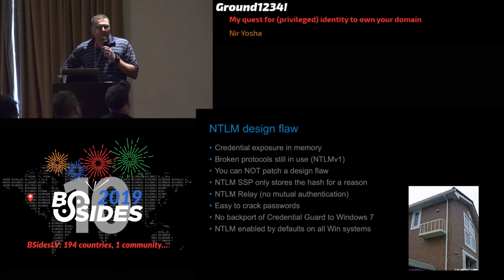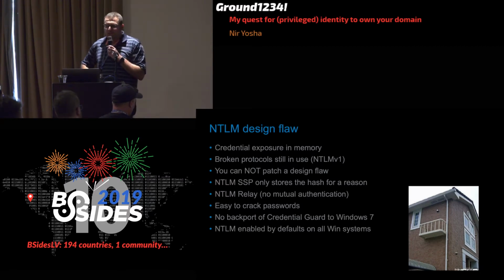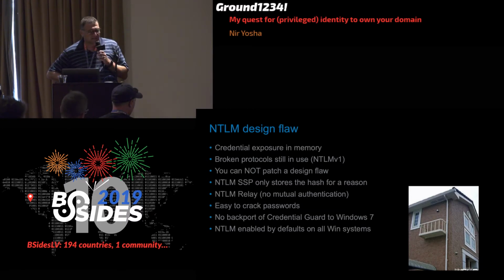I guess the bottom line of this talk is, and I'm sorry if it was a little bit overloaded with attack vectors and details, but I think the common denominator of all those attacks is that they cannot really be fixed because they are based on design flaws.